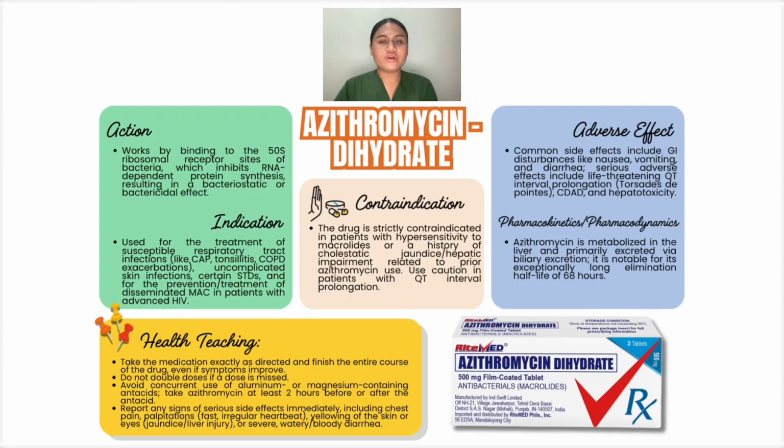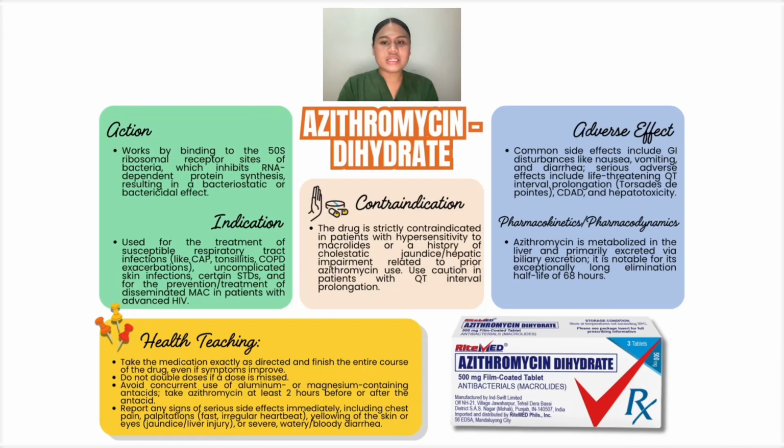It is also used for sexually transmitted diseases or STDs, including uncomplicated chlamydia trachomatis, urethritis, or cervicitis. And for the prophylaxis treatment of disseminated MAC in HIV-infected patients, common dosage regimens for adults range from a cumulative dose of 1.5 grams over 5 days for COPD exacerbations to a single 1 gram dose for chancroid.